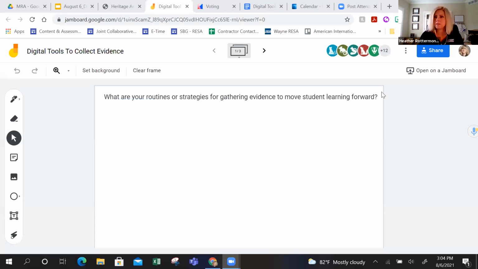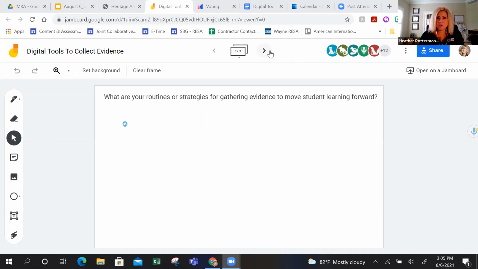Okay, so the first question is the first board in our Jamboard. What are your routines or strategies for gathering evidence? If Jamboard is new to you, there's a text box that you can click on and free type in. There's also the sticky note that you can type in as well, and you can change the colors.